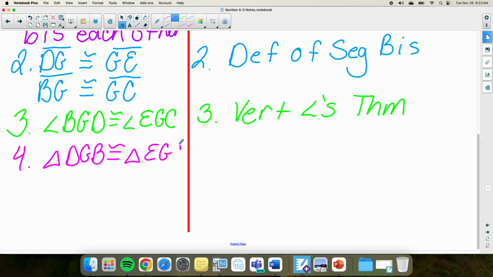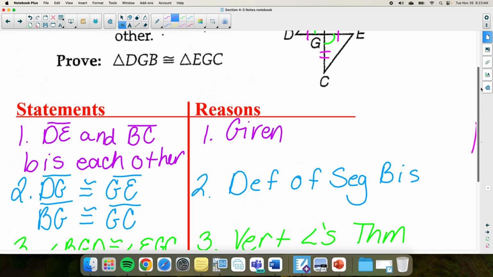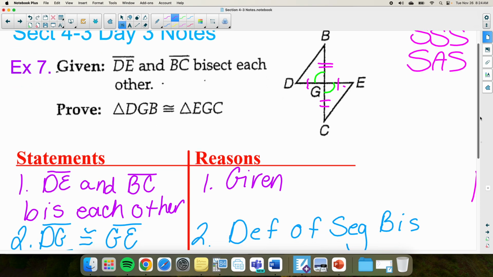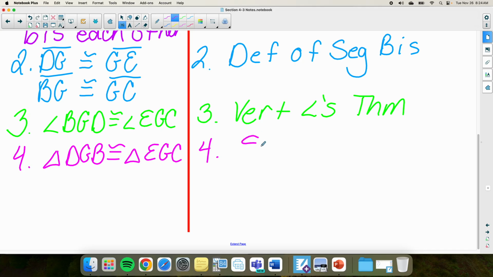Okay, and right now, we know two different shortcut ways. We know side, side, side, and we know side, angle, side. This one has an angle, so it can't be side, side, side, and it is side, angle, side. So we would write that right here.